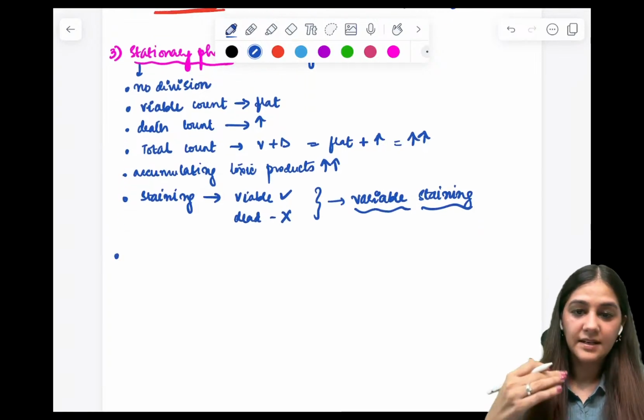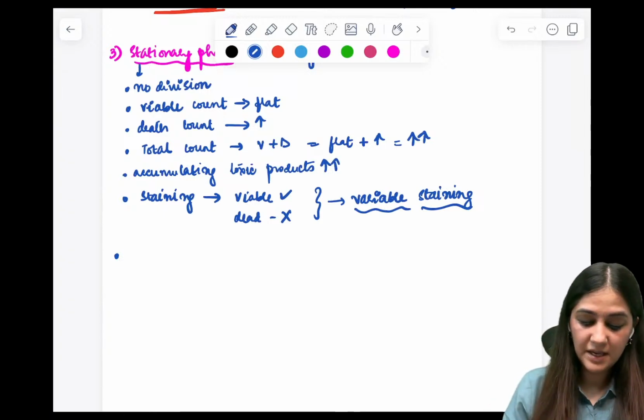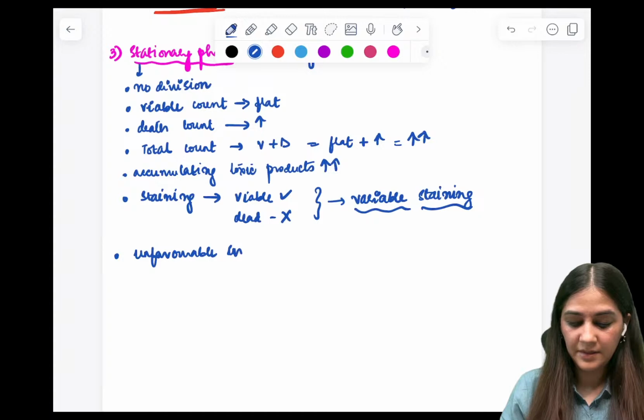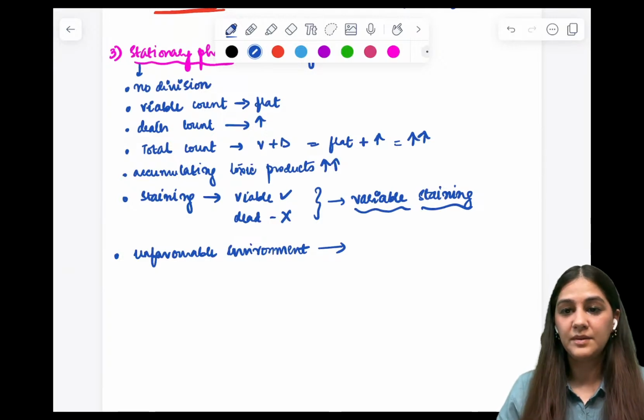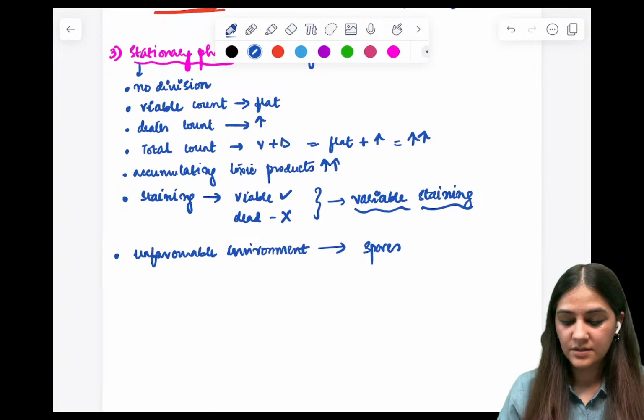So as again I said, in the stationary phase, what is happening? We are accumulating a lot of toxic products. This becomes a very unfavorable environment for the bacteria. And what happens when a bacterium goes through an unfavorable environment? It produces spores, right?